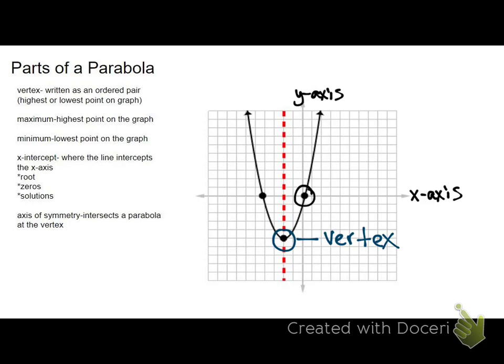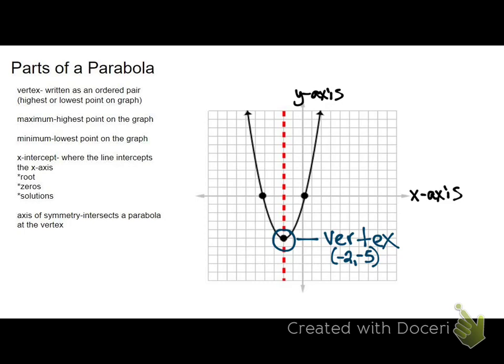I always start at my origin. I find my x first and go over 1, 2. If I go to the left 2, it's going to be negative, as Lucas said. And then I count down 5 to the vertex. So the ordered pair for my vertex is -2, -5.